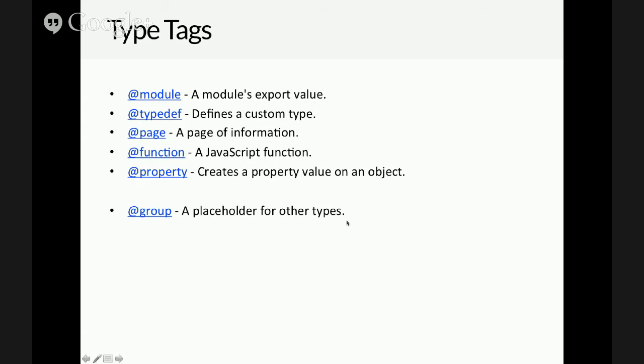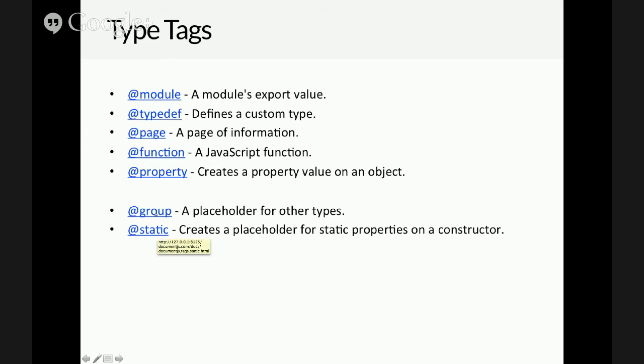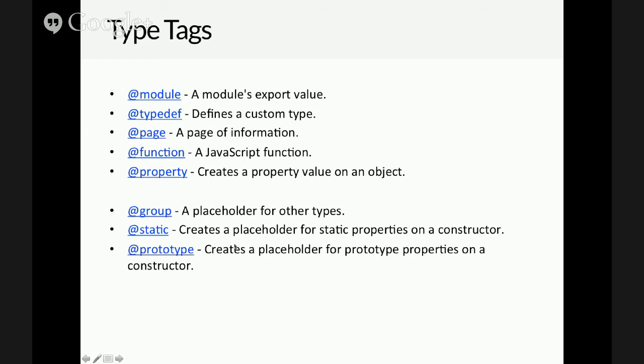Like we saw, it creates that types placeholder, so it can house other objects underneath it. Static is just a type of group. It's an easy way to create a group named static. These are typically used for static properties on a constructor function, just like prototype creates a placeholder for prototype properties on a function.